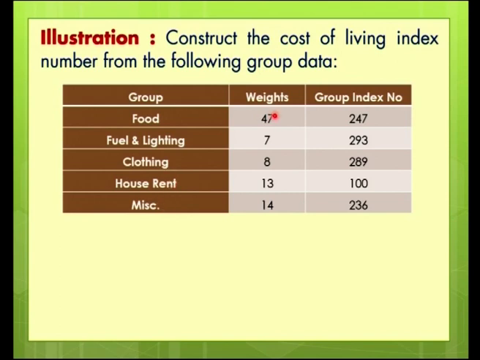The weight of food is 47, and its group index number is given to be equal to 247, and for fuel and lighting the weight is 7, and the group index number is 293. For clothing the weight is 8 and the index number is 289. Like that the values are given and we have to calculate the cost of living index number from the following data.